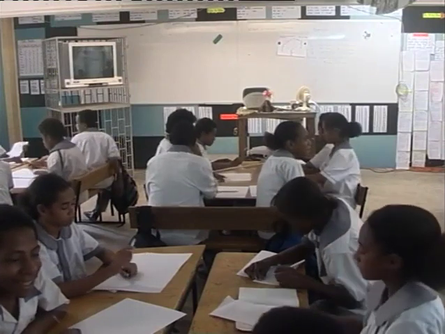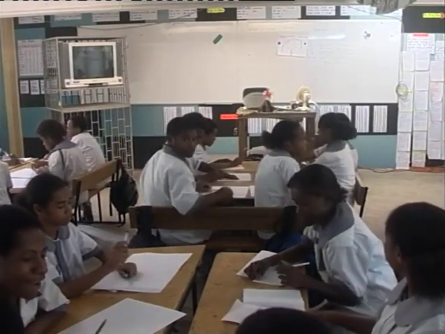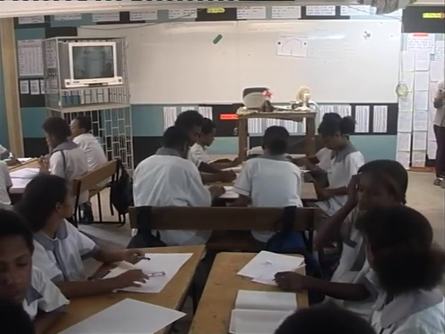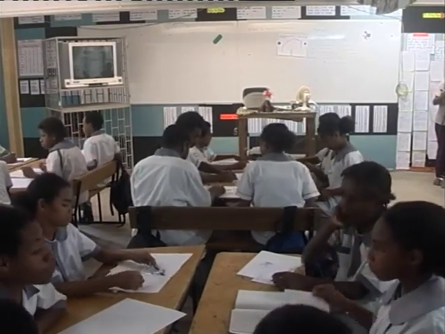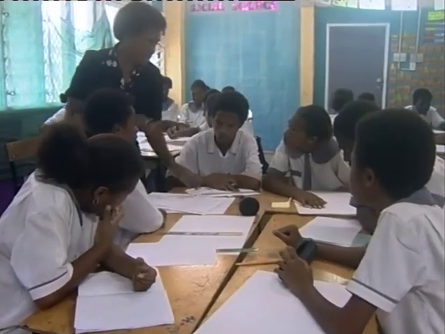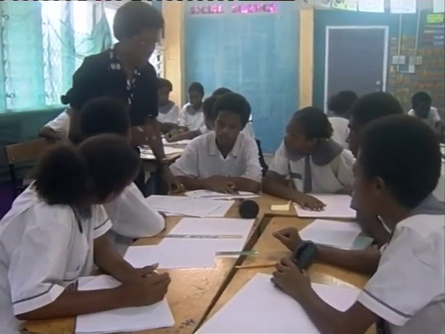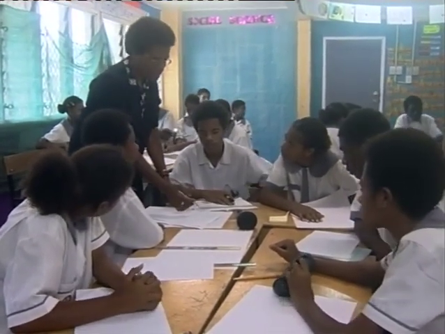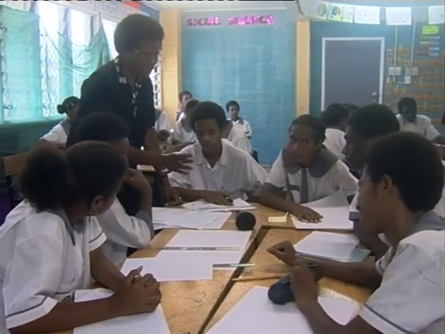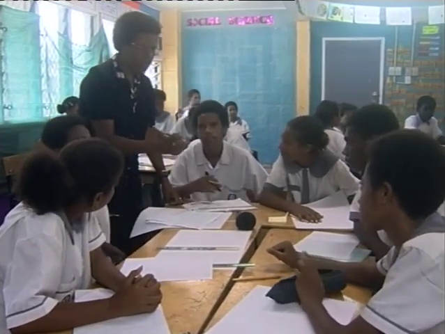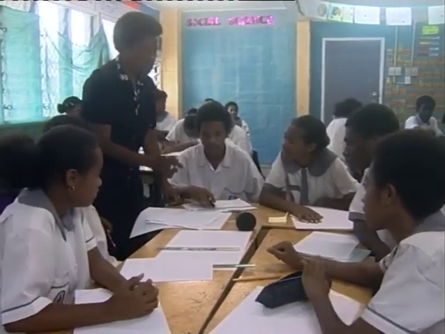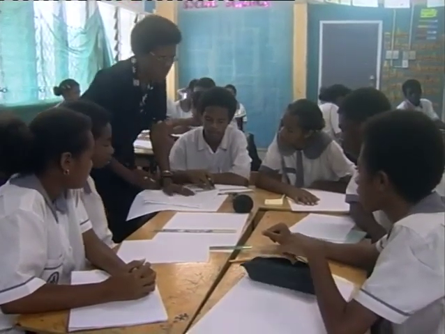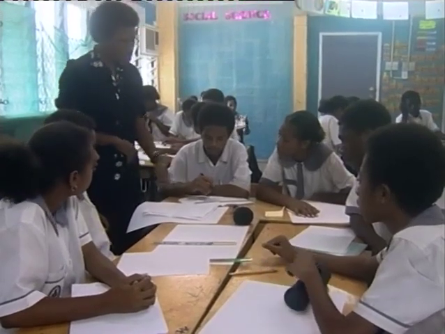I'd like all of you to look at your measurement, you have your length, 8.5. Now you have to round that to the nearest whole number, to make it easy for yourself. So do we round up or down? Up, don't forget 5. If it's less than 5, 4, 3, 2, you round down. So we round it up and it becomes 9. That's your length, okay? And your width?